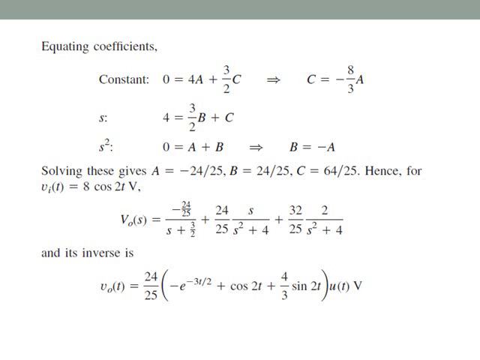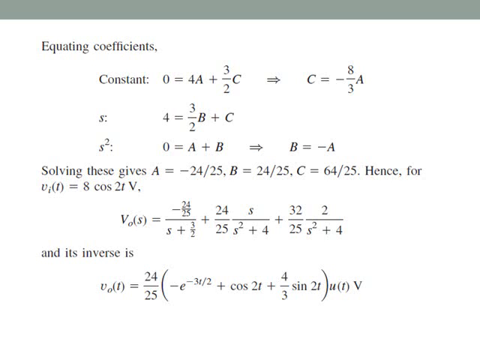So basically these are the values of A, B and C, which are minus 24 by 25, 24 by 25 and 64 by 25, and then using these partial fraction constants and inverse Laplace transform we can find the time domain expression, which is shown at the end of the slide.